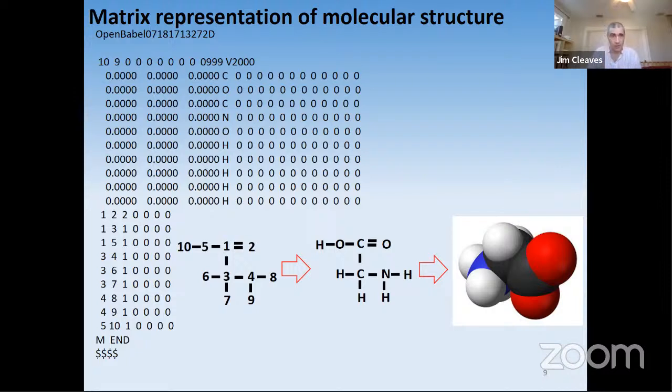So, for example, it's very easy to represent a molecule like glycine as a connectivity matrix, where we describe the atom numbering here, which atom it's connected to, and then the multiplicity of the bonding in a very simple matrix, which can also designate which atom types each atom number represents.